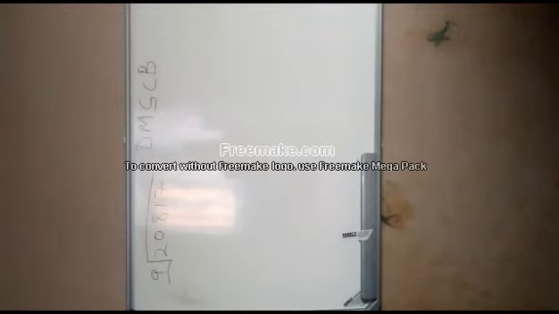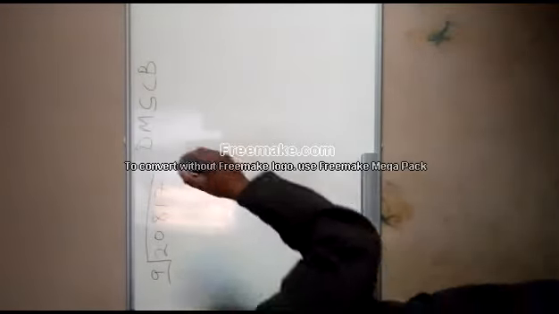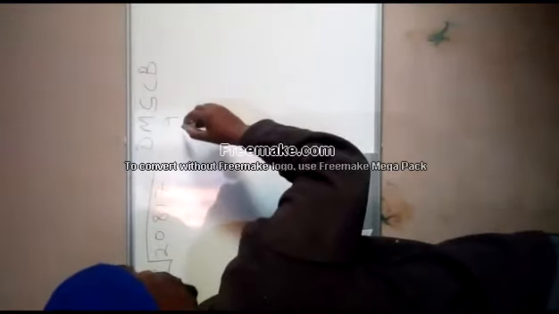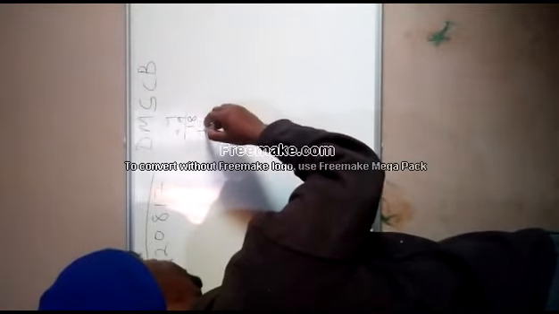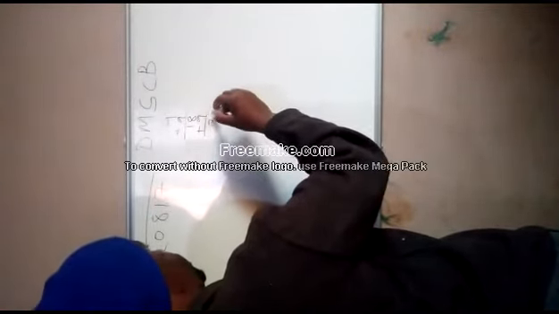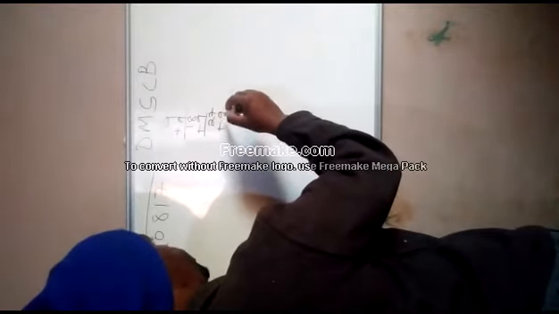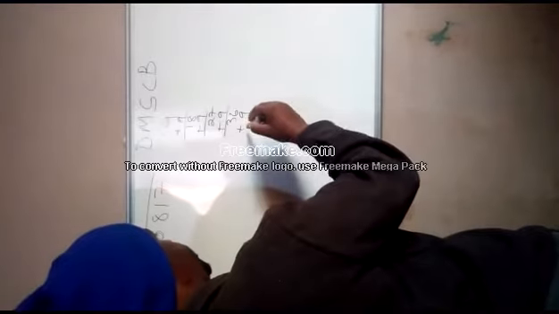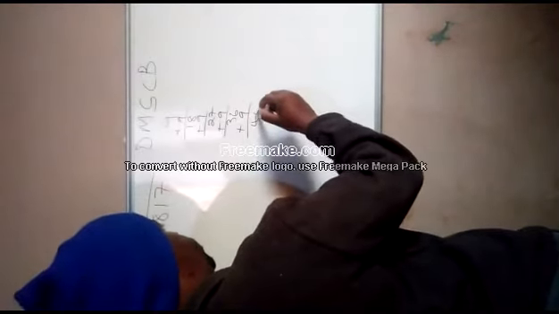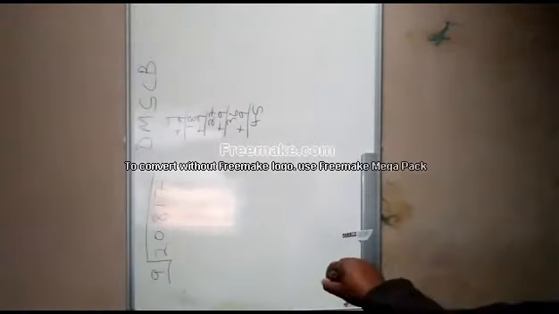And if you don't know the multiples of 9, you can do repeated addition. Say 9 plus 9 is 18, plus 9 is 27, plus 9 is 36, plus 9 is 45. Let me end there.